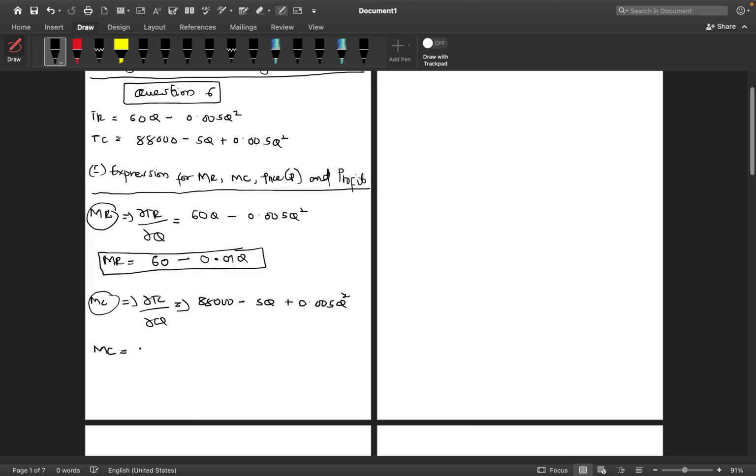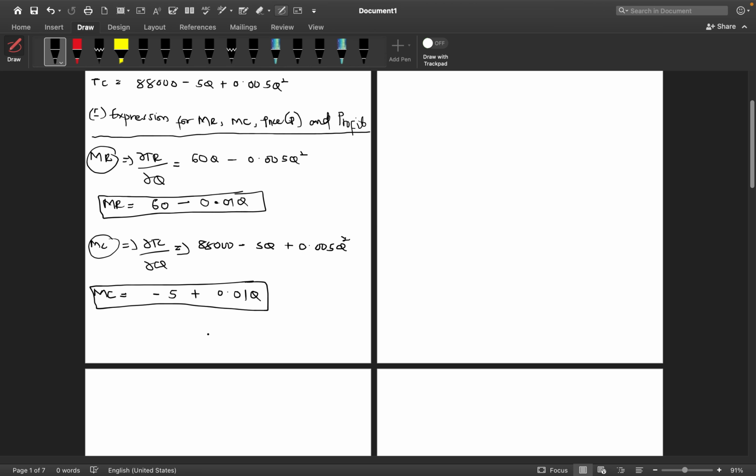The constant is not Q, so it becomes 0. Q cancels Q, so I have minus 5 here. Now this is Q squared, so take note: 2 times 0.005 gives us plus 0.01Q. So this becomes our marginal cost.